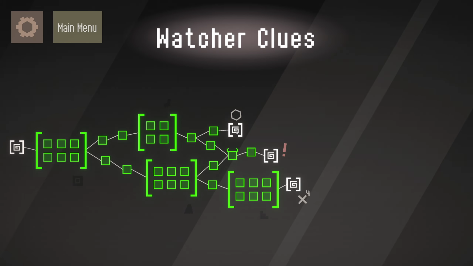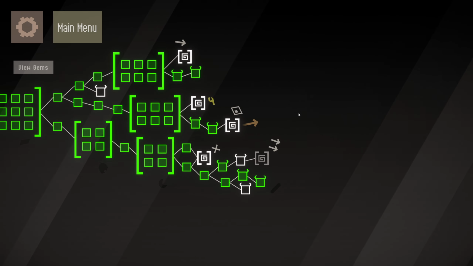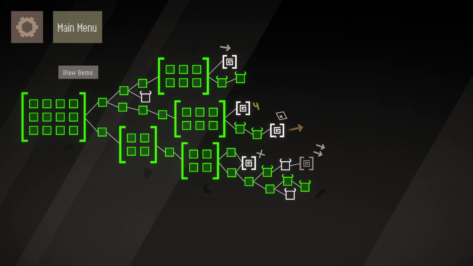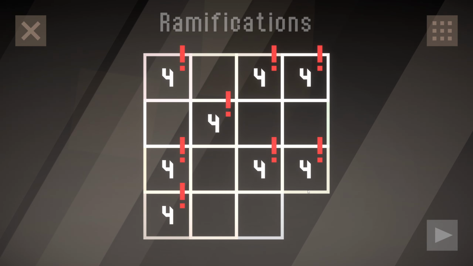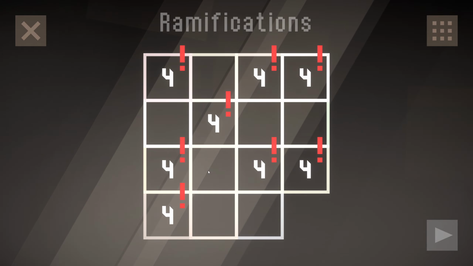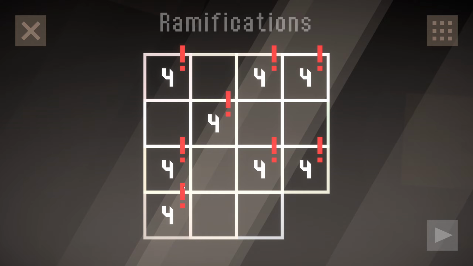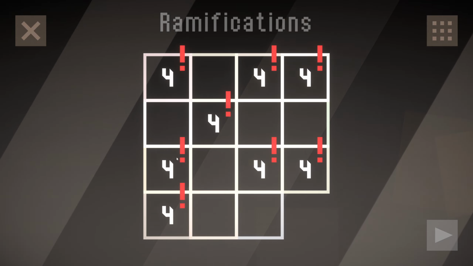Right, where else can we go? That's this arrow. Let's start from the bottom and work up. What is this? Ramifications. This is one I feel like I should be able to get reasonably simply. 16 tiles. Everything needs to be grouped into 4s, apart from the dead space.